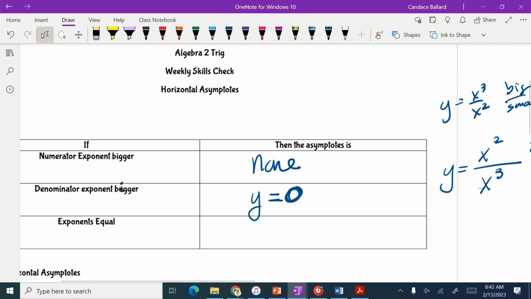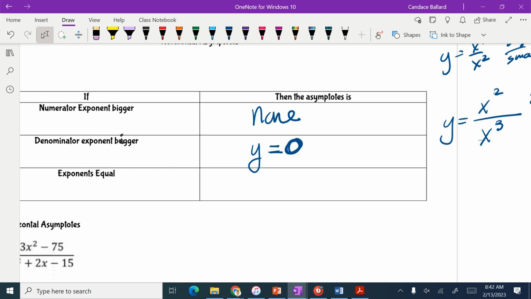The third scenario is if your exponents are equal. So something like we had y equals x squared over x squared. So in that case, it's y equals, and it's a fraction.